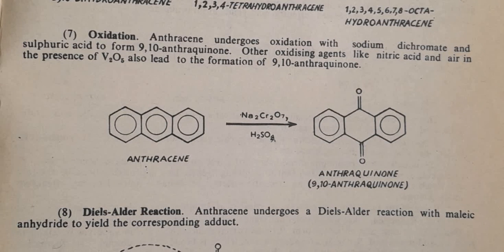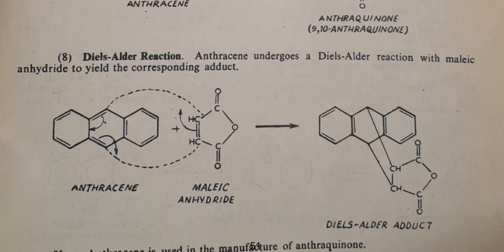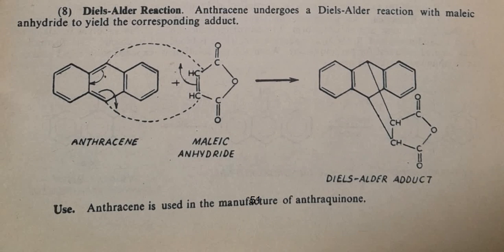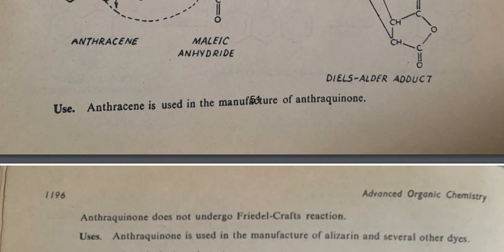On oxidation, it gives anthraquinone, you can see 9,10-anthraquinone. In the Diels-Alder reaction, anthracene reacts with maleic anhydride. Now you know the uses.